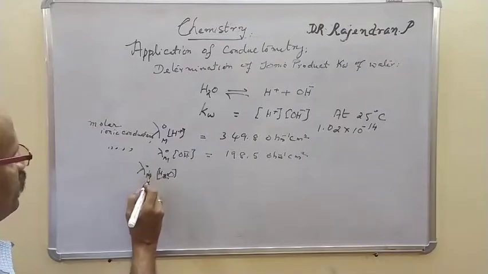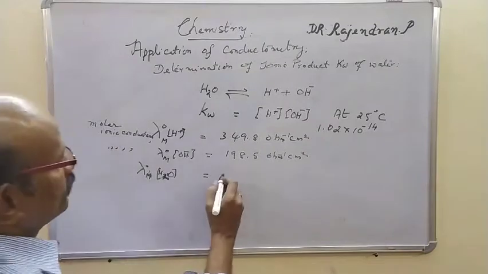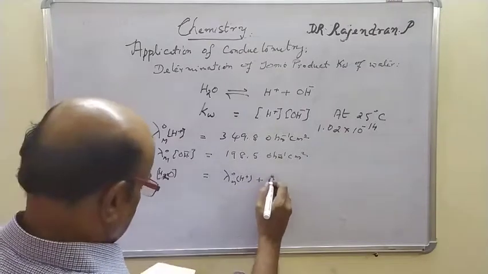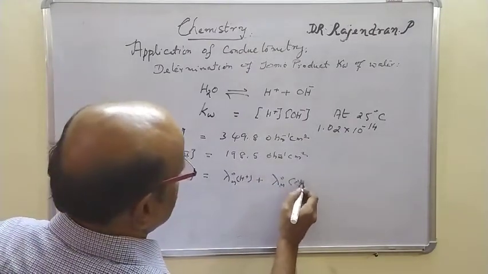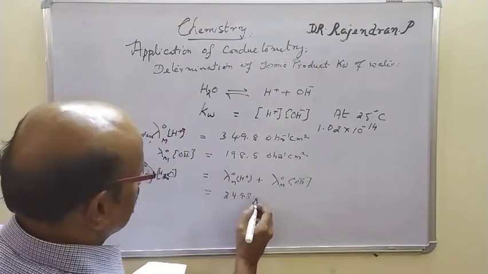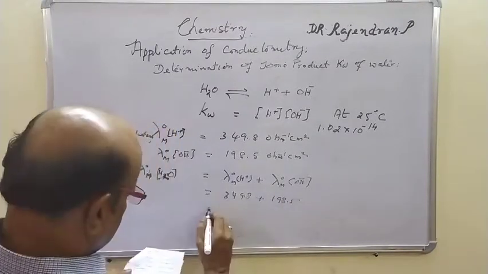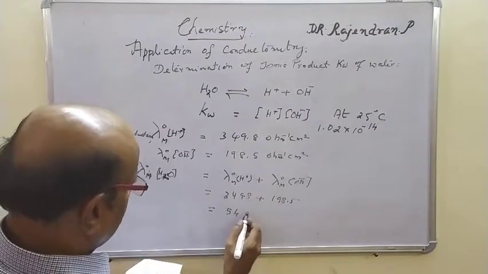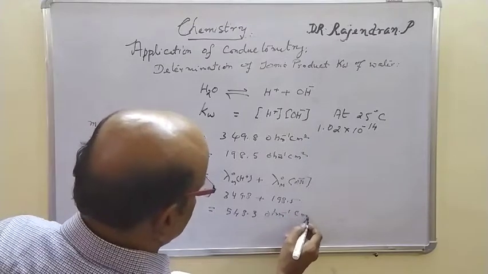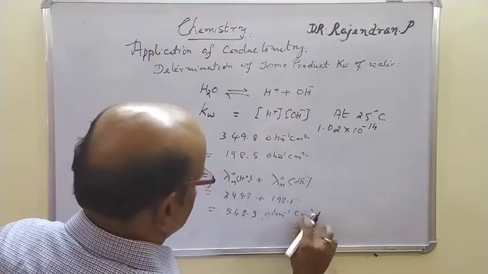At infinite dilution, according to Kohlrausch's law, it is equal to lambda 0 m H plus plus lambda 0 m OH minus, that is 349.8 plus 198.5. That answer is found to be 548.3 ohm inverse centimeter square.